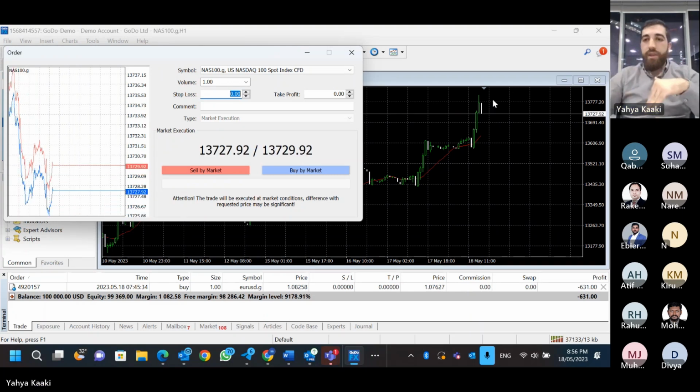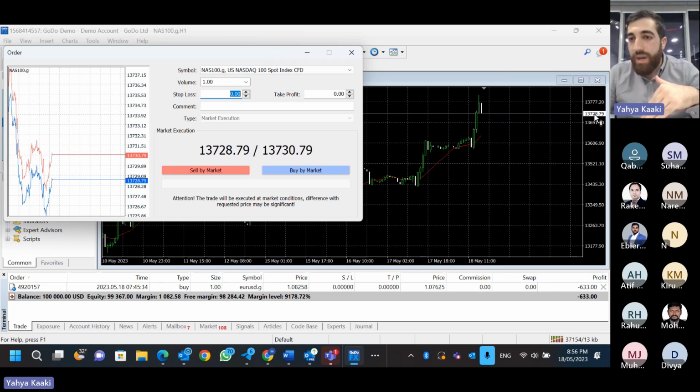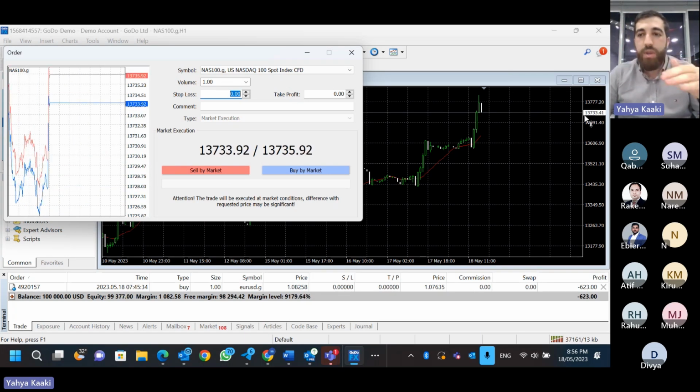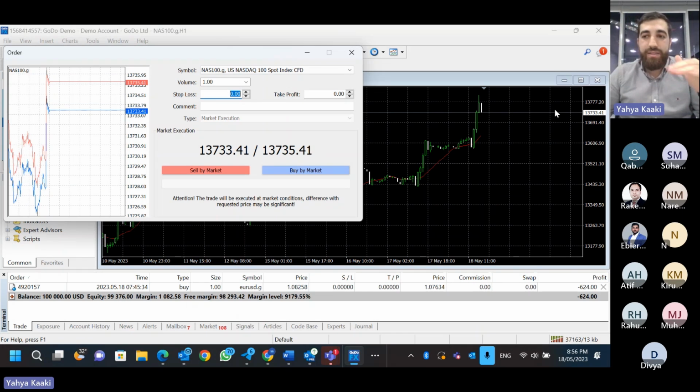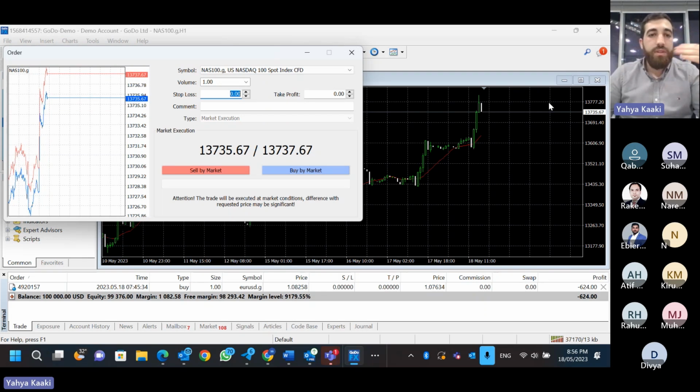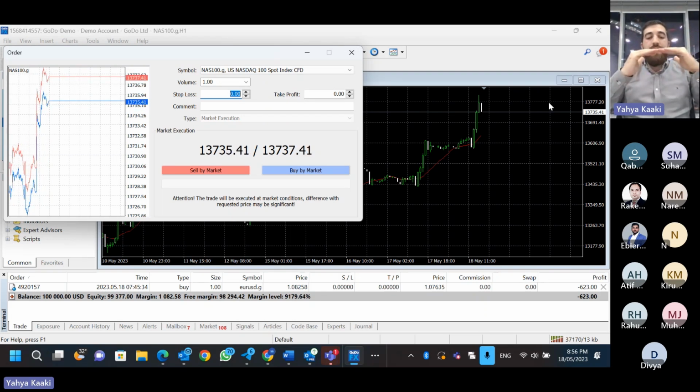Now we will be taking this position. I'll add some stop loss so we can see: 13,800 will be my stop loss, and my take profit will be 13,700. So in this case, I gave an order for Nasdaq to open one lot. The stop loss is 13,800, above, because I'm taking a sell position.